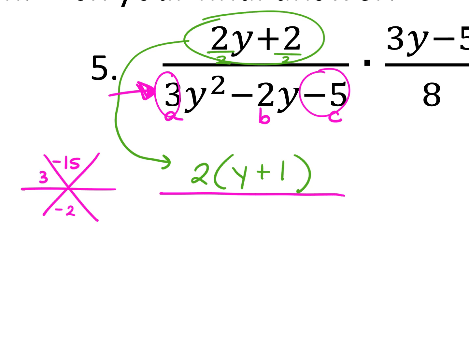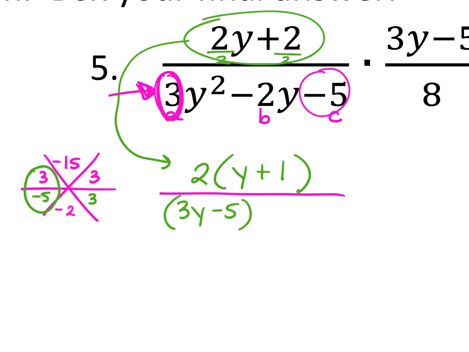I feel like that's where people usually forget to change the number. A right now is the 3. It's not a 1 anymore. We did a lot of 1s. This one's a 3. What can you multiply to get a negative 15 that you can add to get a negative 2? Negative 5, positive 3. So here's one binomial. That's going to be 3y minus 5. Okay.